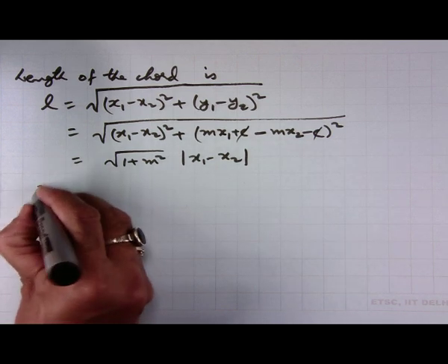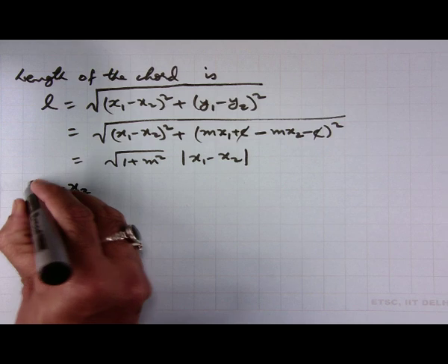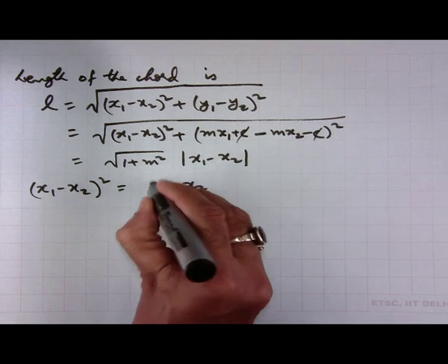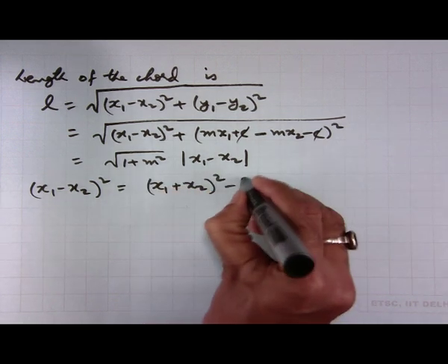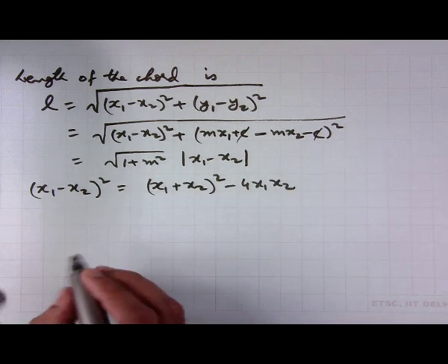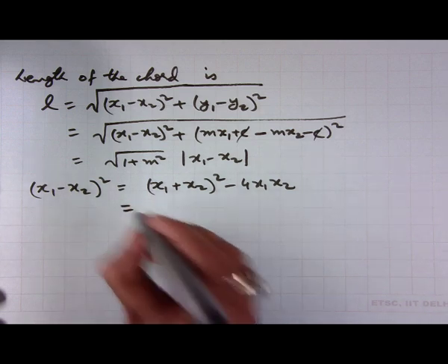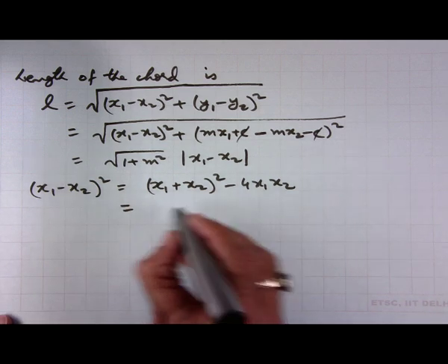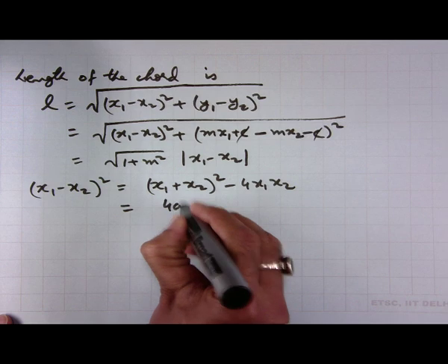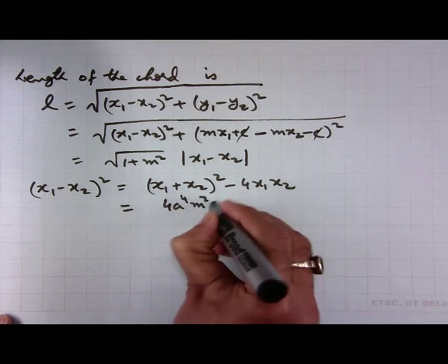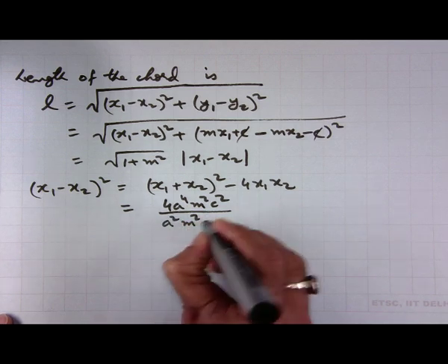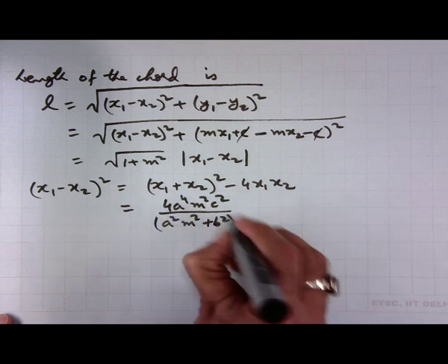So, (x1 minus x2) square is nothing but (x1 plus x2) square minus 4 x1 x2. So, if you substitute the value of x1 plus x2 and x1 x2, this gives 4 a to the 4 m square c square divided by (a square m square plus b square) squared.